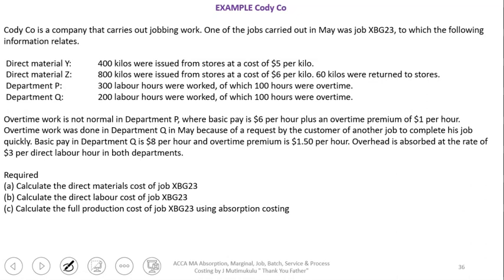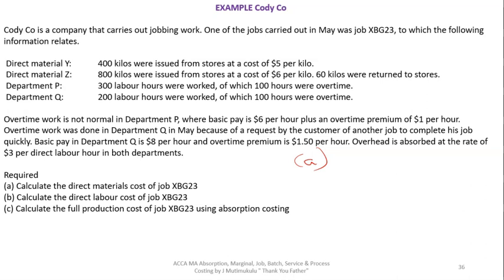Calculate the direct materials cost of job XPG23, calculate the direct labor cost of job XPG23, and calculate the full production cost of XPG23 using absorption costing. We can determine part A in a simple way, where we just follow our format of the job cost card.